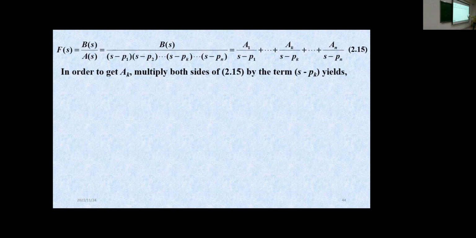They are already known. What's the next step? We want to know the coefficients in each part, the numerator of each part, right?